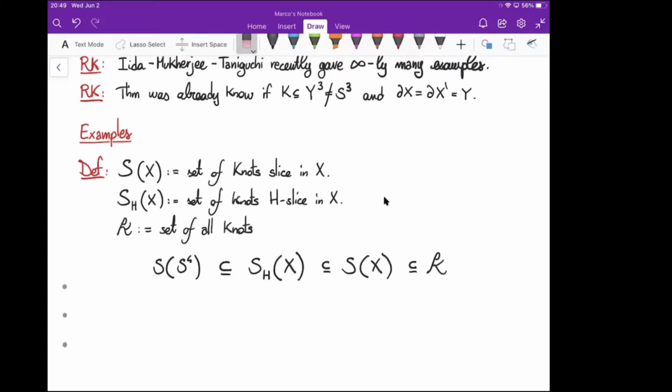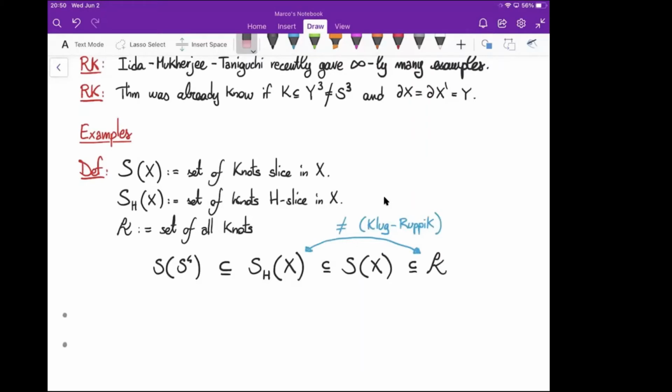Then if you have a null-homologous slice disk, you certainly have a slice disk, so you have the second inclusion. And finally, the set of slice knots is, of course, a subset of the set of all knots. And all of these 3 inclusions can actually be equalities.